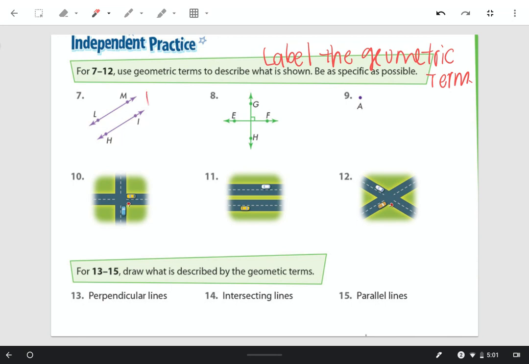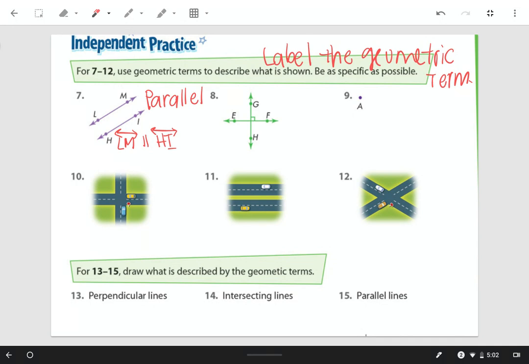So that means these are parallel lines. And now we need to label them. So I have line LM, and line LM is parallel, remember that 2 L's or the number 11, parallel to line HI.